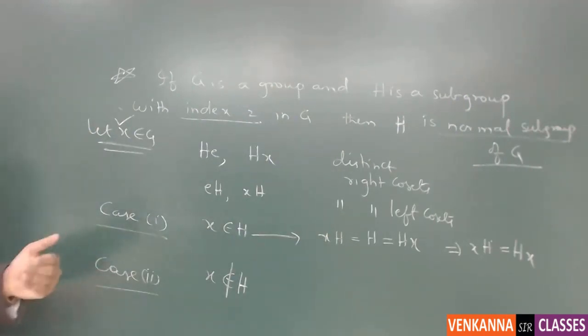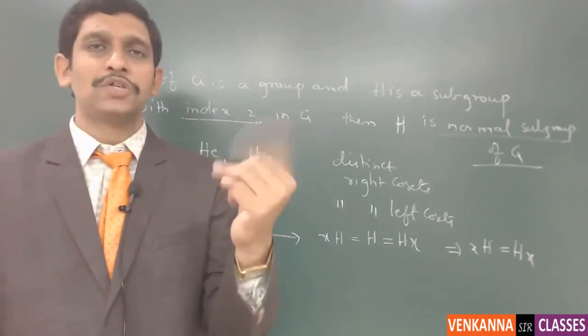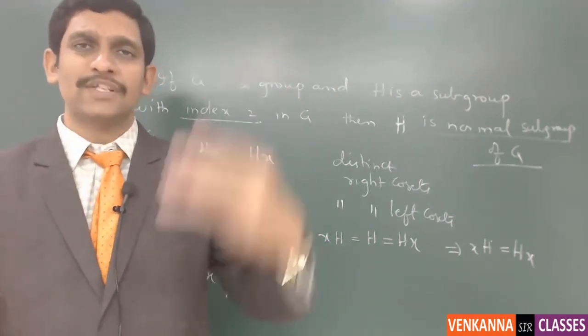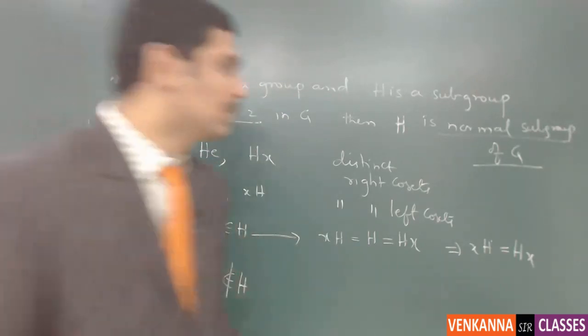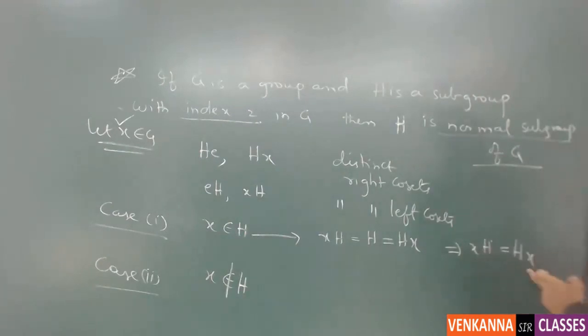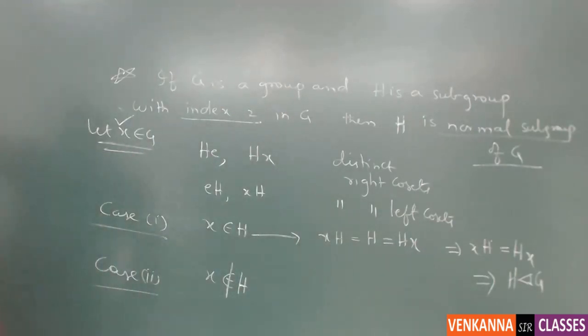And in the beginning of today's session, we have discussed three results, 1, 2, 3, for proving that it is a normal subgroup. All these are nothing but if and only if conditions. So since left coset is equal to right coset, immediately we can say that H is a normal subgroup of G. Clear? Take a note of that.